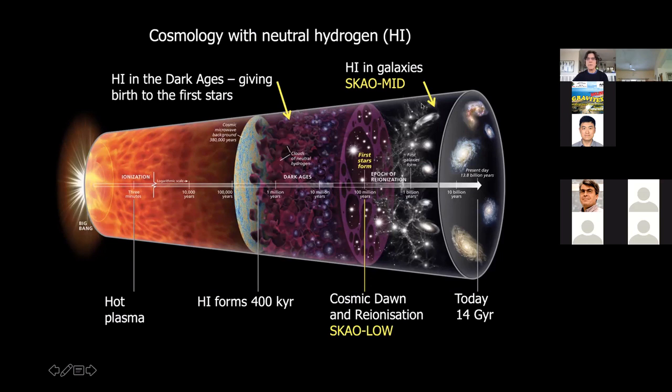And SKAO mid is what we would use to actually detect this neutral hydrogen, whereas the reionization epoch itself will be probed by SKA low.